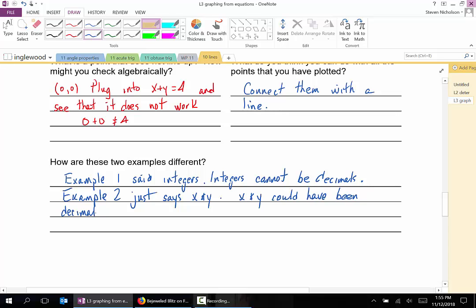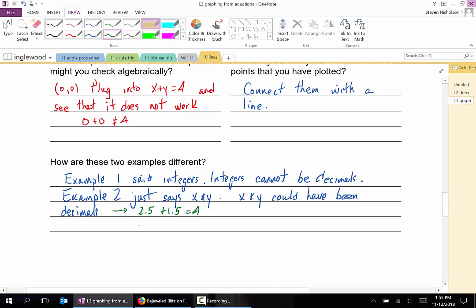So we could have chosen an example like 2.5 plus 1.5 equals 4. Now the problem with that is it's difficult to plot decimals exactly. We want to stay away from them. In fact, by staying away from them, by picking nice points, then we don't have to worry.